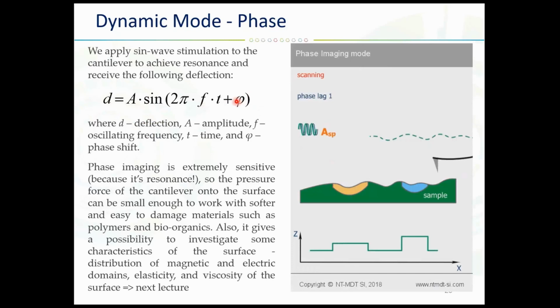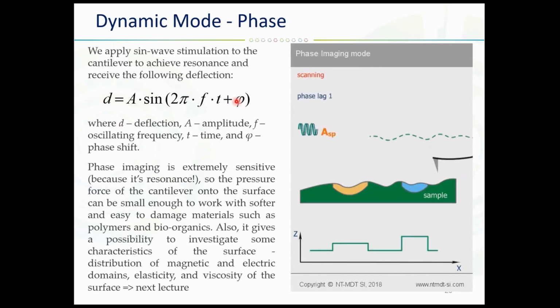At resonance, the phase shift is 90 degrees in comparison to the phase when it's below resonance, and the interaction between an oscillating cantilever and sample changes the resonance frequency of the cantilever.